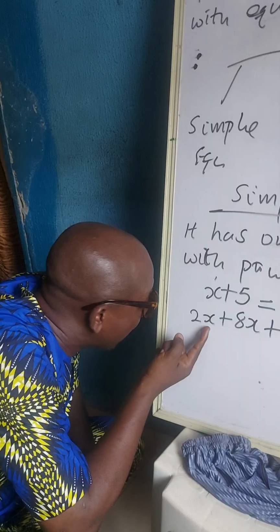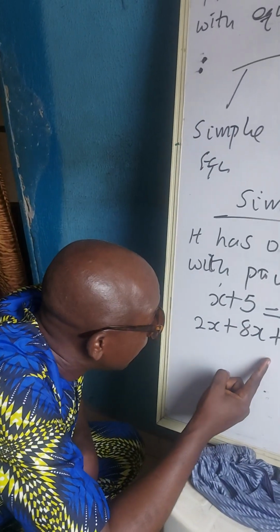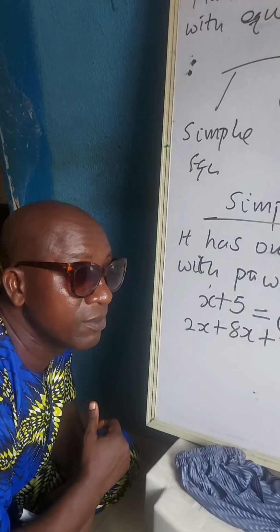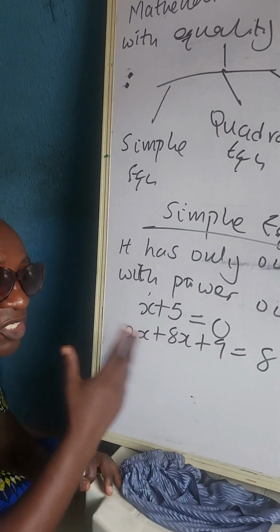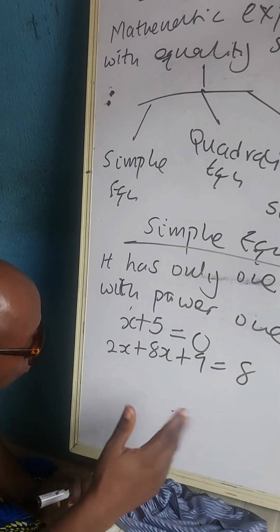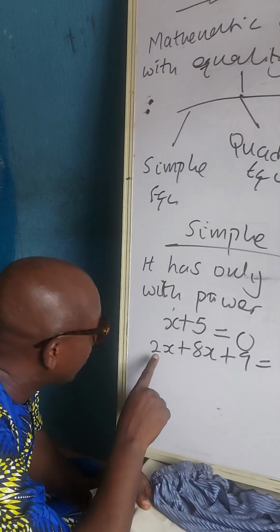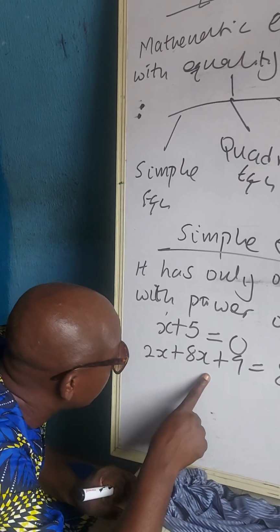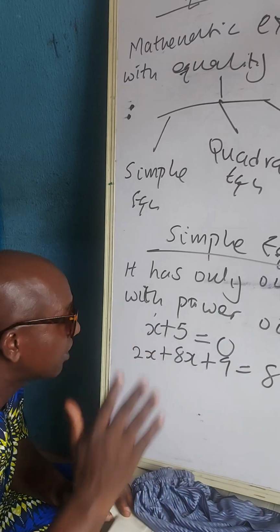The coefficient of x is 2. The coefficient of x here is 8. But we are not talking of coefficients; coefficients just tell us the magnitude of it. But the power: a simple equation has only one letter with highest power 1 with an equality sign.